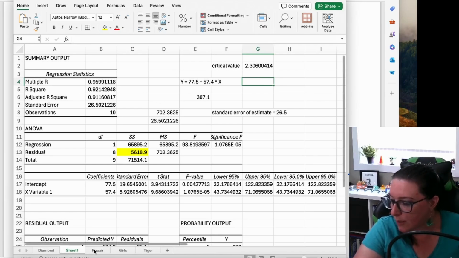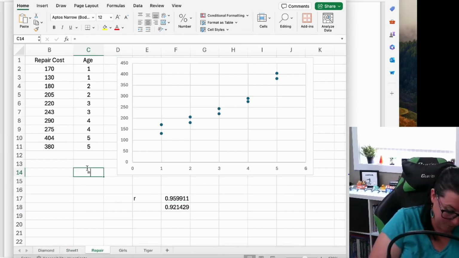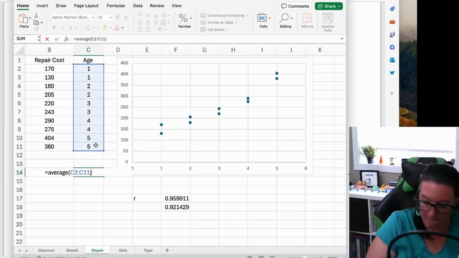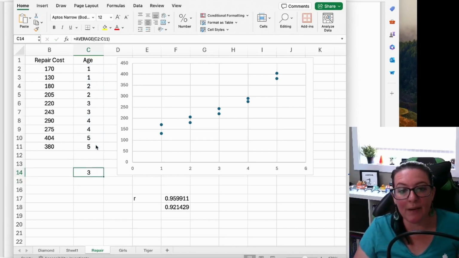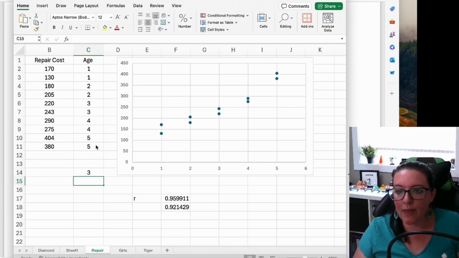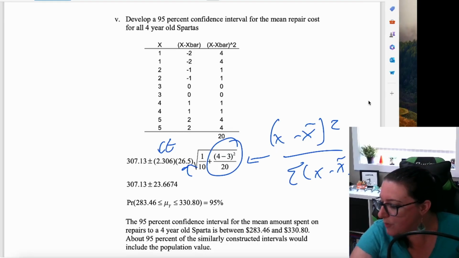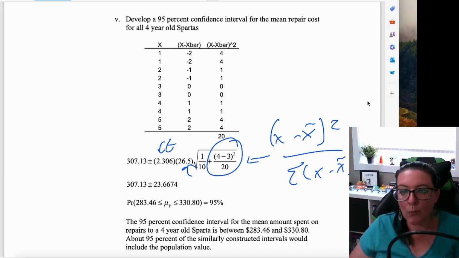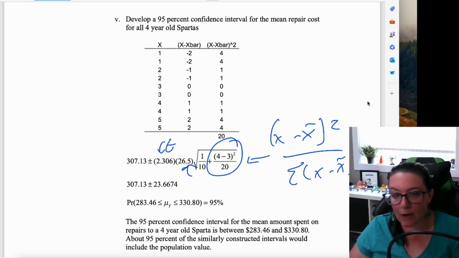So if we go back to the original data, equals average, gives us that 3, okay? And that'll give us the 3 to do this 4 minus 3 squared.